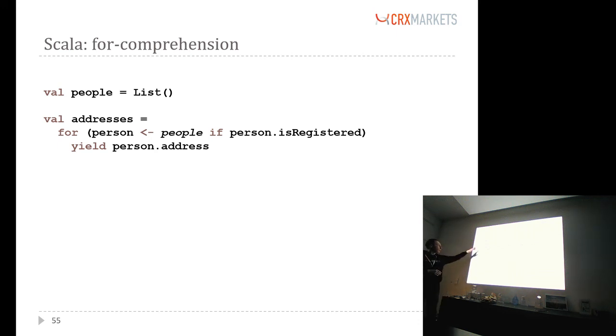So you take this collection of people, and you can take each person from there, check if they're registered, and if yes, then return his or her address. And then get a list of addresses of registered users. So this looks like an iteration, but actually there's no iteration there, because this is just syntactic sugar.